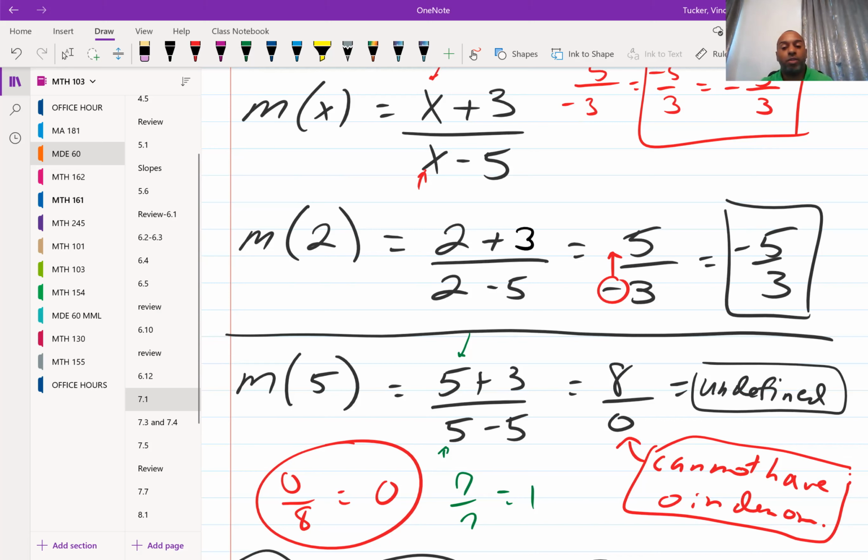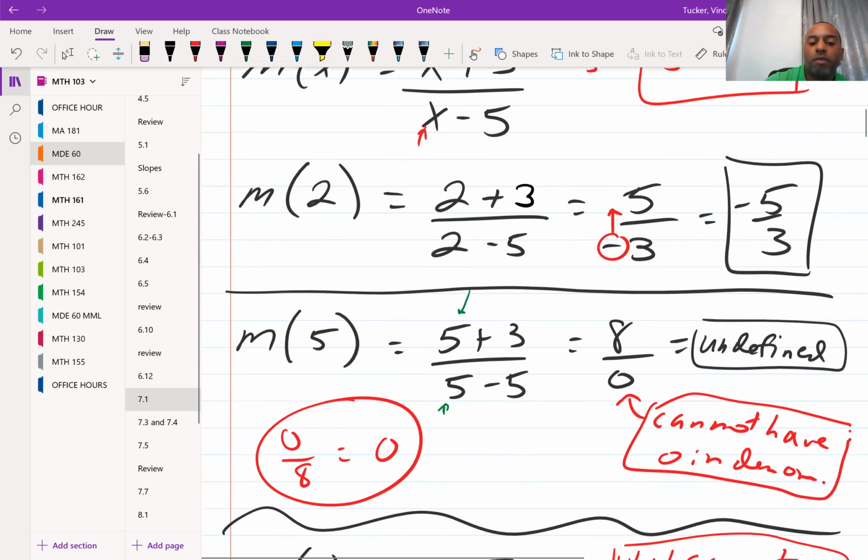You can divide into 0, you just cannot divide by 0. All right. Scroll up, everyone okay?